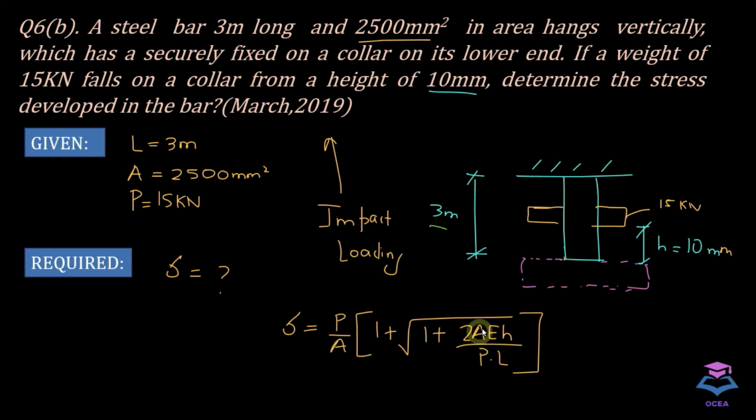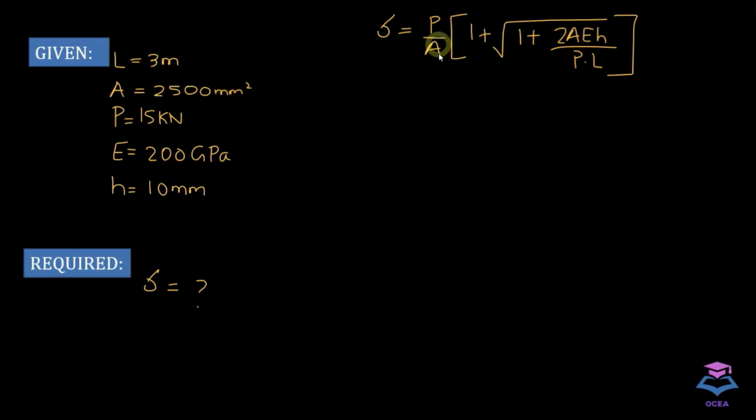Now what would be the value of E? You might say that it's not given in the question, but we know that it's a steel bar, so the examiner is expecting you to know that E of steel is equal to 200 GPa, that is gigapascal. This question is simply a case of putting values in a formula, that's it. Before substituting these values into this formula, we need to keep the units consistent.